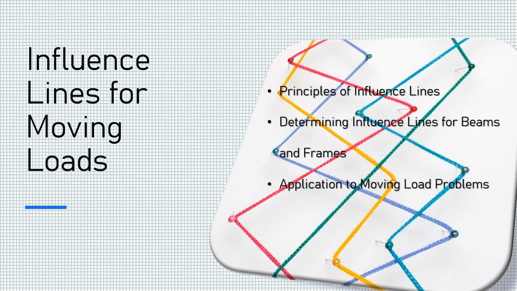This can be done by multiplying the load's magnitude by the corresponding value of the influence line. 5. Sum the effects of multiple loads. If the moving load consists of multiple point loads or is a distributed load, sum the internal forces for each load position.